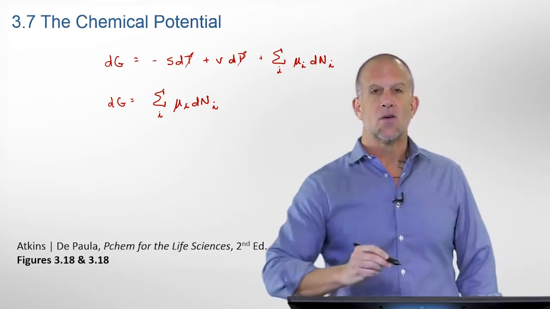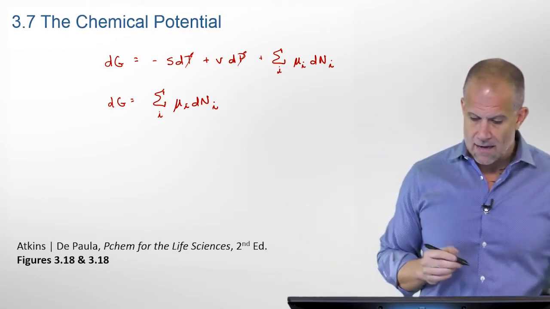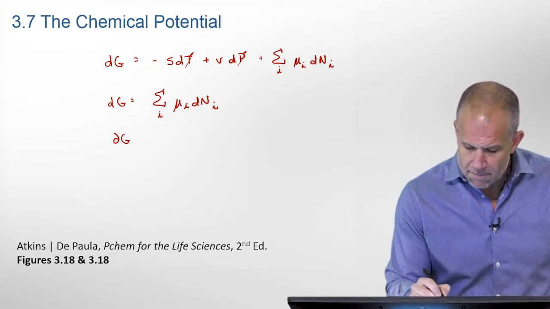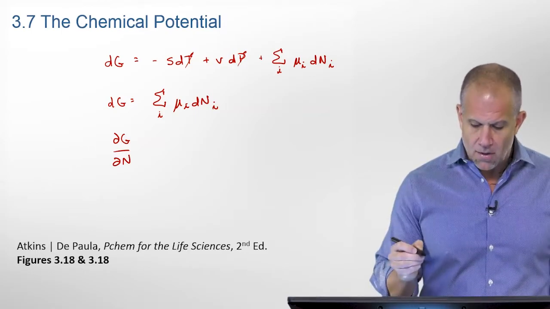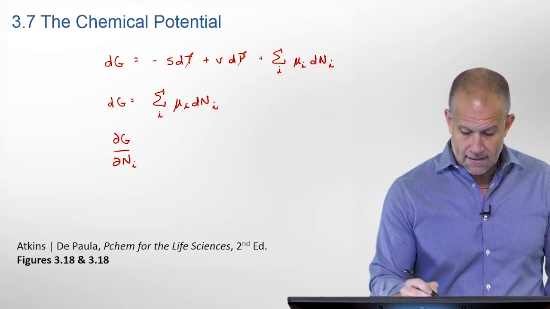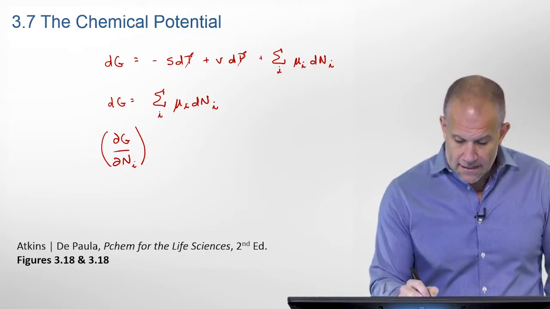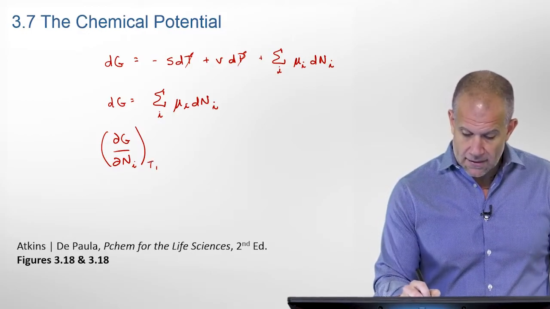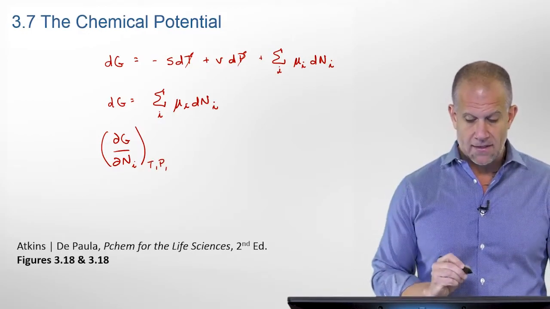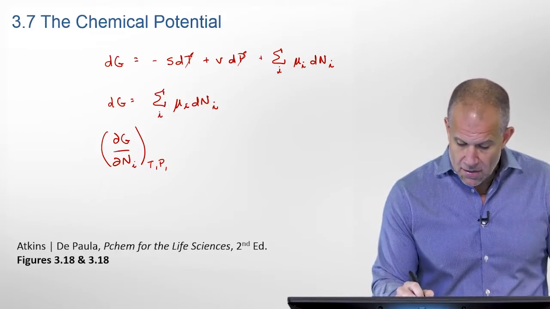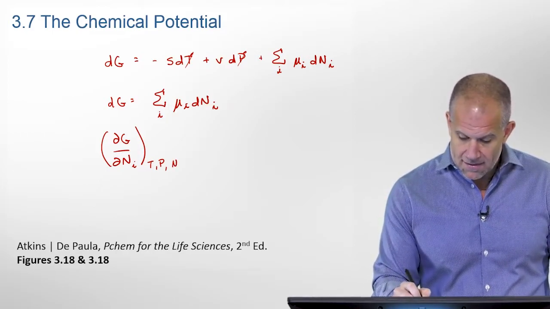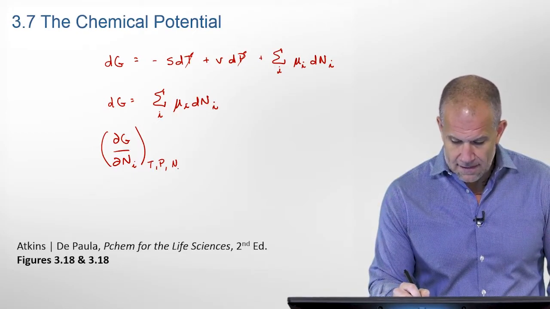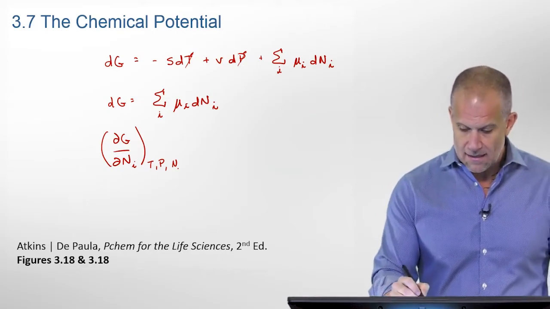This is the only work term allowed to vary, and it's often called extra work, etc. And specifically where we're looking at the partial molar quantity of this, holding all other components fixed, so holding temperature and pressure fixed, obviously, but also any other component that is not the ith component.